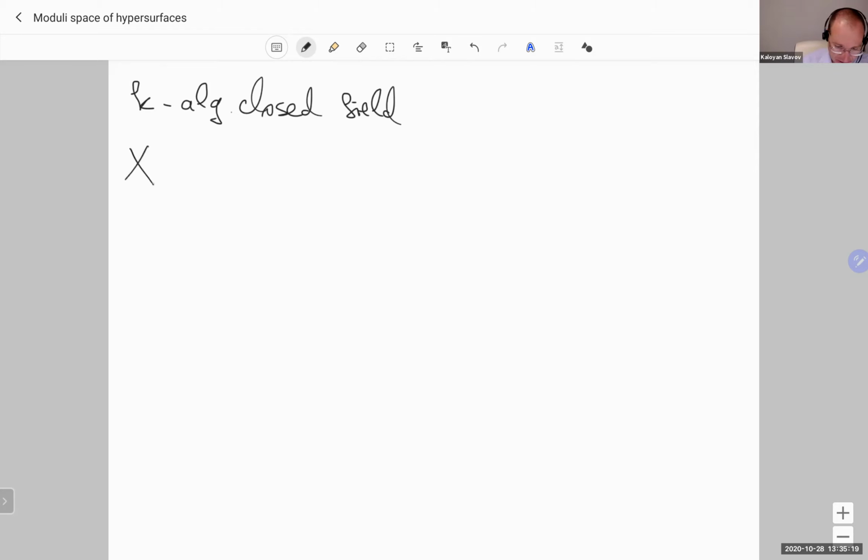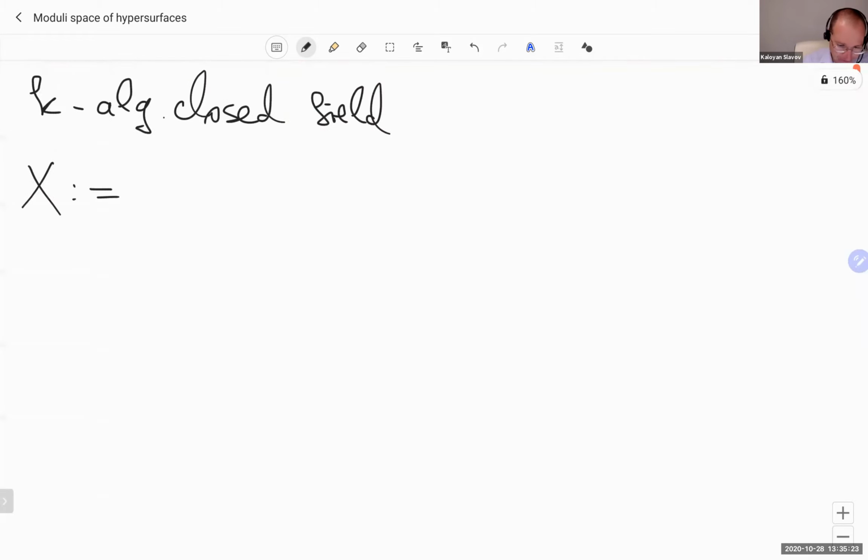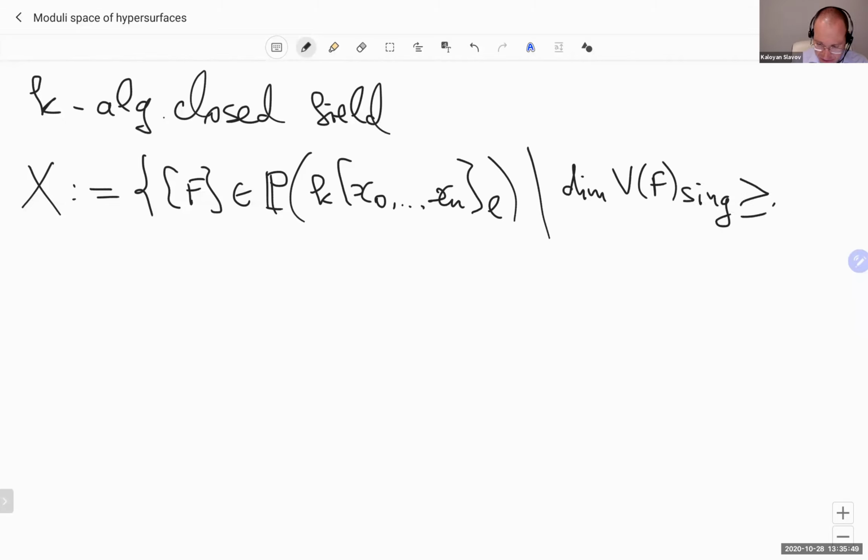Consider the following X defined as follows. All hypersurfaces, so I'll think of polynomials in K[x0, ..., xn], homogeneous of degree L. So this projective space is the projective space of hypersurfaces of degree L, such that the dimension of V(f) singular locus is greater than or equal to 1.